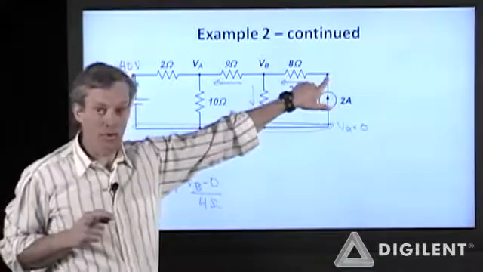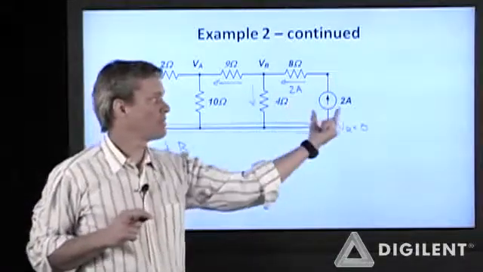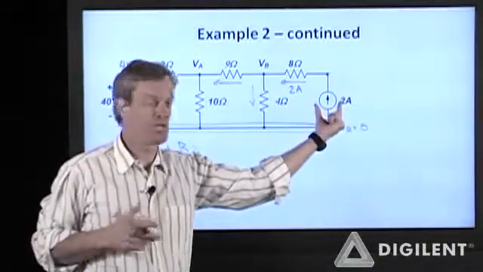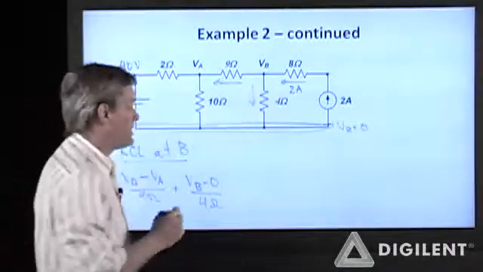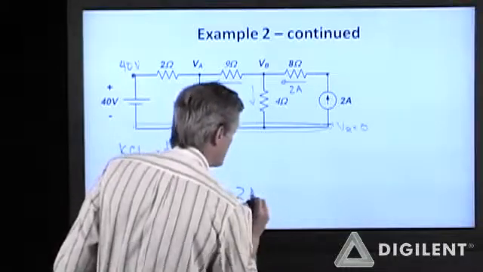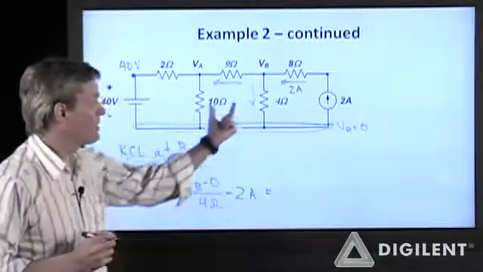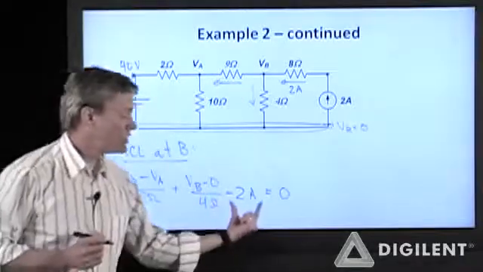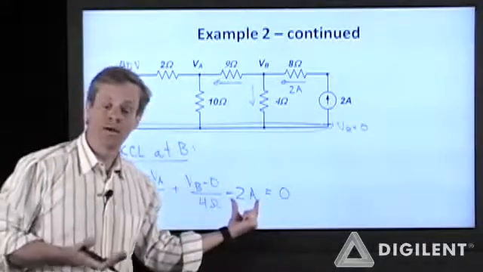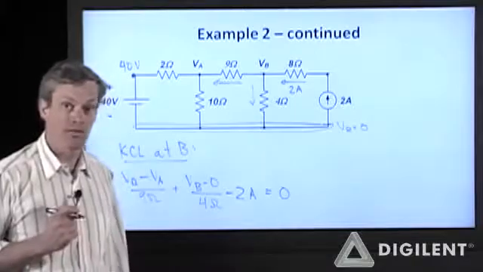You don't need to know that voltage in order to determine this current because of this current source here. 2 amps is coming in this direction. So I have 2 amps entering this node, which becomes a negative 2 amps, since I'm assuming currents out of the node are positive. That sums up to 0. Notice that current sources appear directly without any multiplicative factor on them.